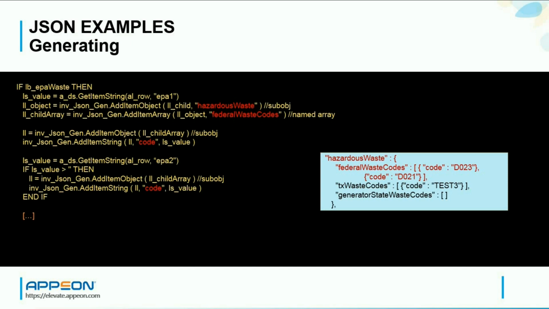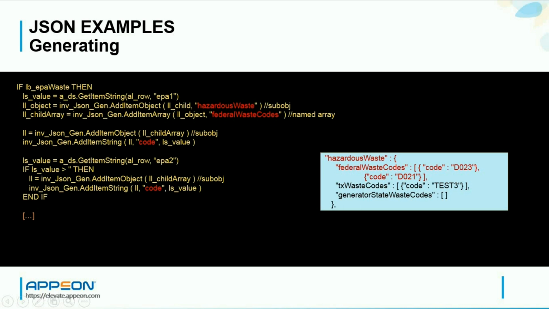So what we're going to be doing is using PowerScript to map the data elements in the data store to the JSON format shown at the right. There's a named object containing 2 named arrays. So we've determined that we do have EPA waste, so we're going to create the hazardous waste by adding an item object.